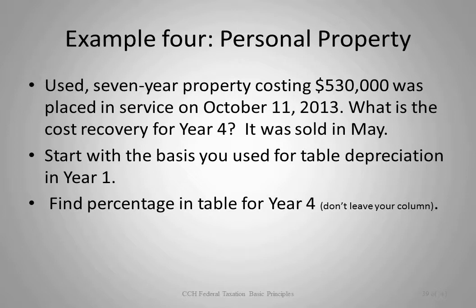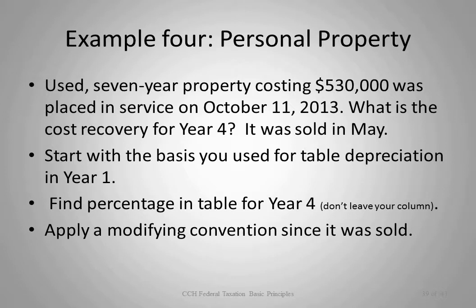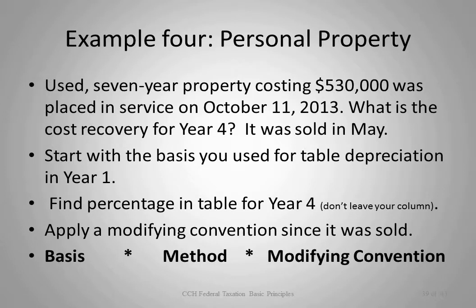So you want to be in 4th quarter, mid-quarter, 7-year property. And you want to put your finger on that 3.57 and you want to move yourself down to row 4. And then you'll need to apply a modifying convention, counting the quarters or fractions thereof that you owned it during the month. All right. So basis, method, modification.